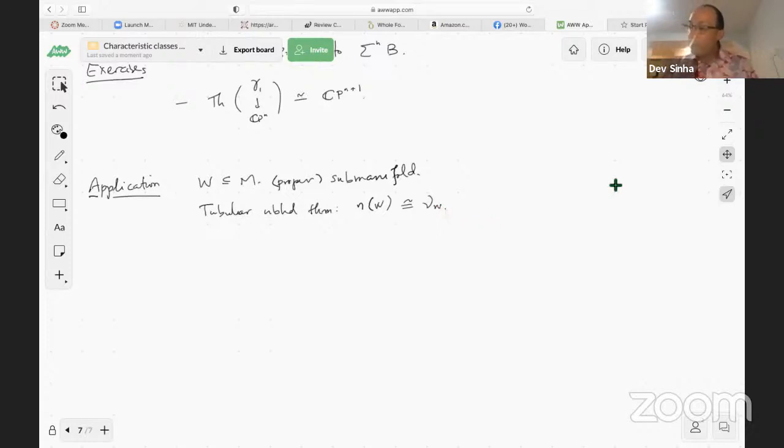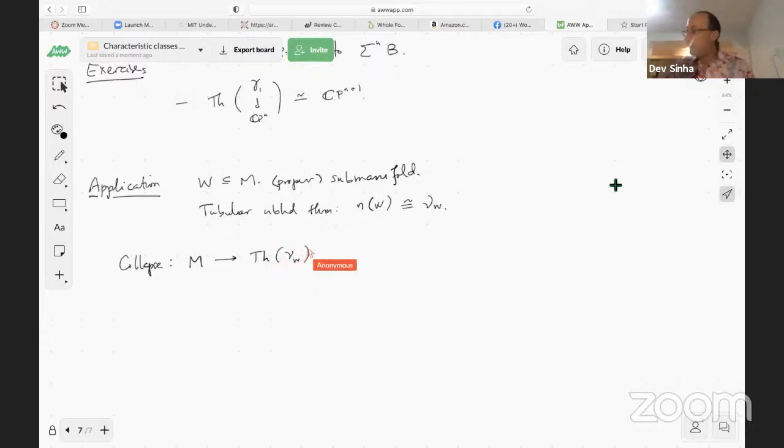So what we're going to do is there's a collapse map. I'm just going to call it collapse, from the manifold to the Thom space of the normal bundle.